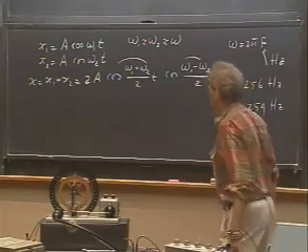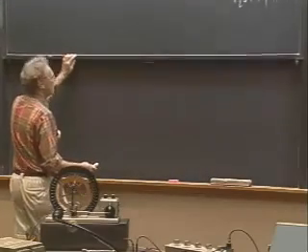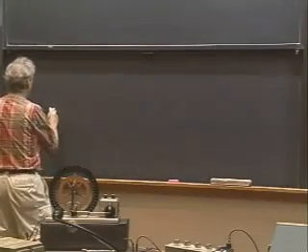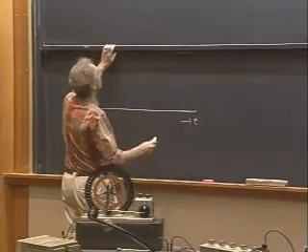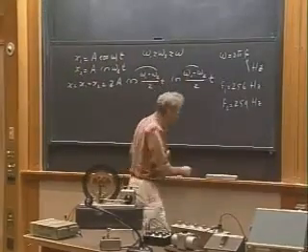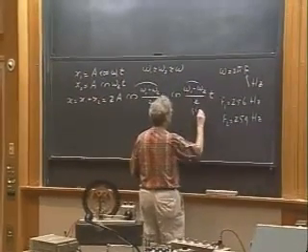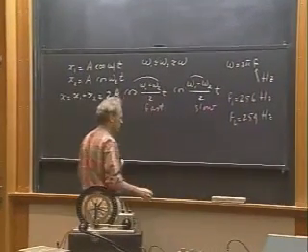And so what happens is that if you make a plot of x as a function of time, I will first sketch this very slow term. So this is very slow compared to this one, which is very fast.